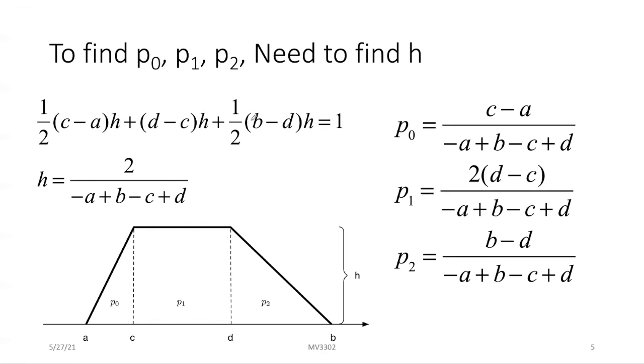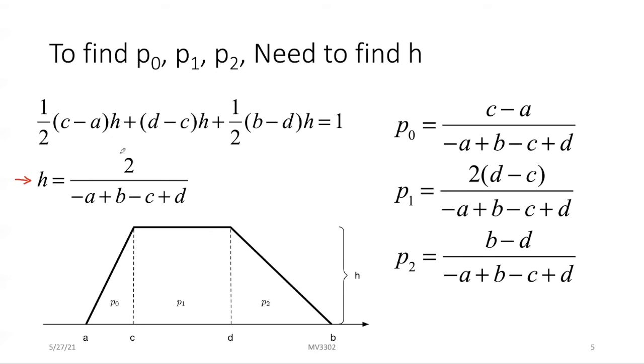Notice that h multiplies everything. When you unravel all that, it's very simple math, much simpler than trying to figure out the equations of these lines. And so we can find our probabilities; in this case, you just multiply h times this probability here.